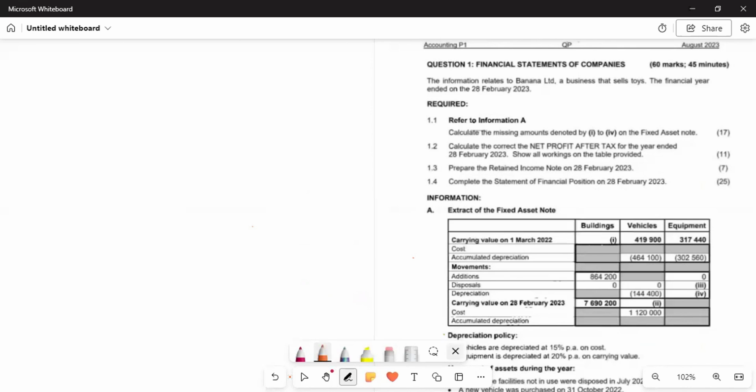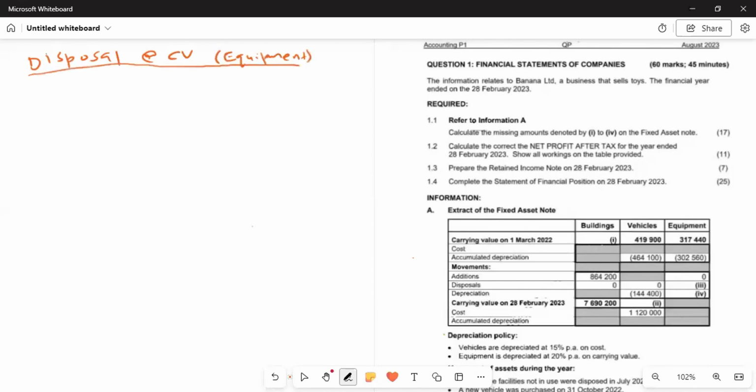Now, for this question, firstly, we need to calculate the disposal. And remember, we dispose of our fixed asset at carrying value. So we need to calculate disposal at carrying value for our equipment. Now, first, let me write down my financial year.